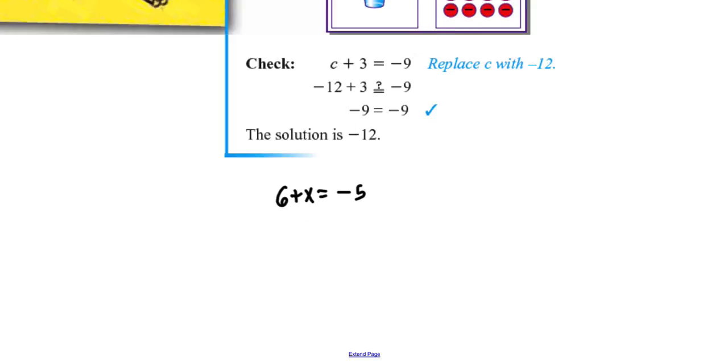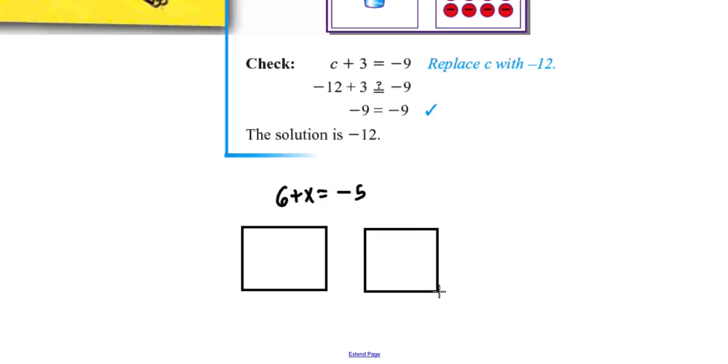So let's do that. Let's make a rectangle first. Okay. So this is our addition mat. Equal sign. So you have 6 plus x, 6 positive counters. Okay. And let me make my positive counters blue, negative counters red. 1, 2, 3, 4, 5, 6.